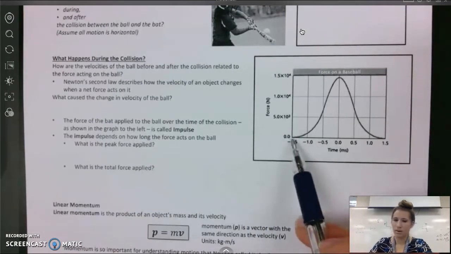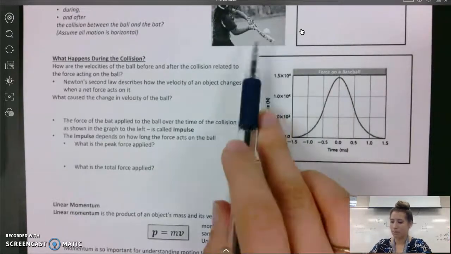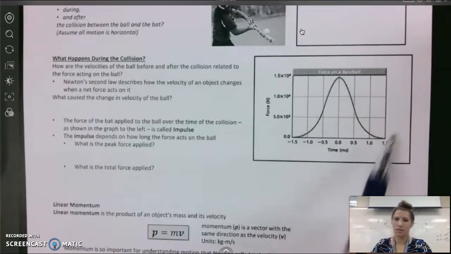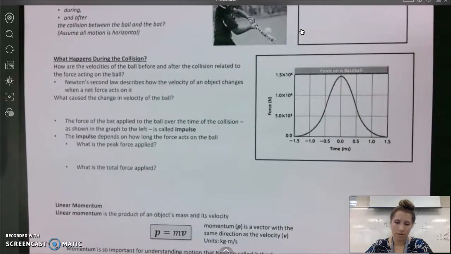And so we started with a little bit of force where the ball was just barely in contact with the bat, and then we have a peak where we have that maximum compression, and then the ball is leaving the bat. Okay? And so the force decreases. So we have a good idea of force. We know that we have applied forces and field forces, and this is a great example of an applied force, the force of the bat on the ball when they're in contact with each other.